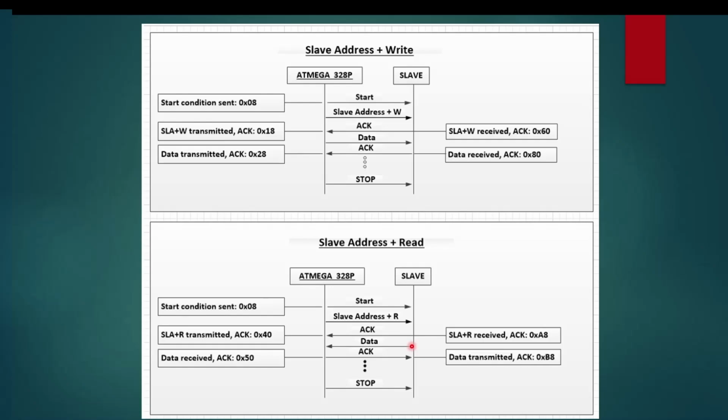Every time it transmits data, it's going to monitor the status code until it gets a B8, Bravo 8, which means that the data was successfully transmitted and acknowledged by the master. It's going to continue to do this until it gets the stop, at which point the bus will be released. So this gives you a good idea of the slave address plus write flow and the slave address plus read flow.